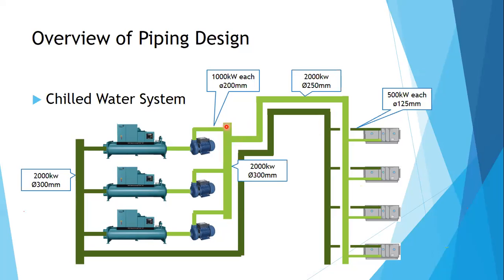Why? By putting one size higher, you are removing the pipe loss associated with the distribution. So for example, this distribution pipe, 2,000 kilowatt, this water doesn't know if it's going to this or this chiller, because any one can be duty, any one can be standby. Let's say it's this one.